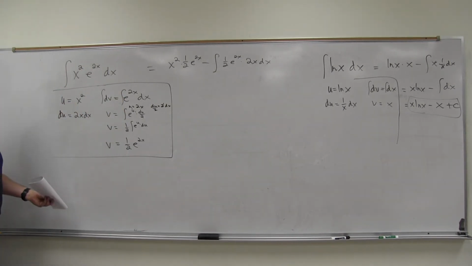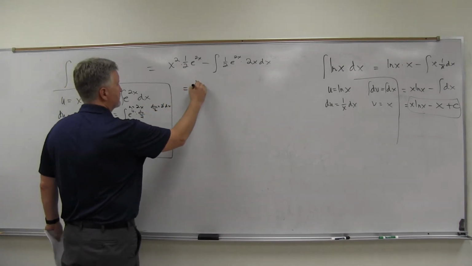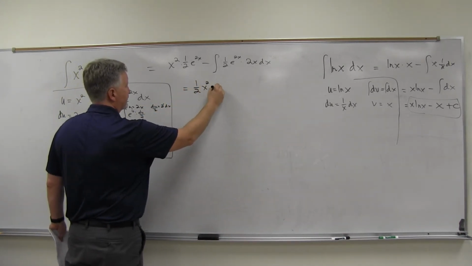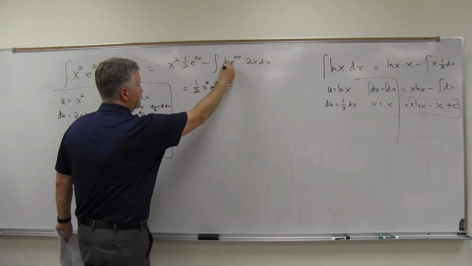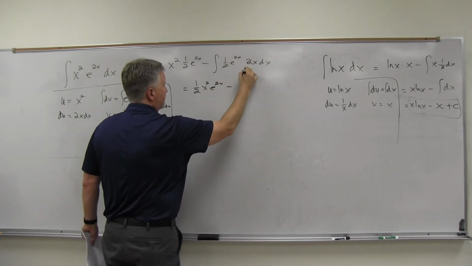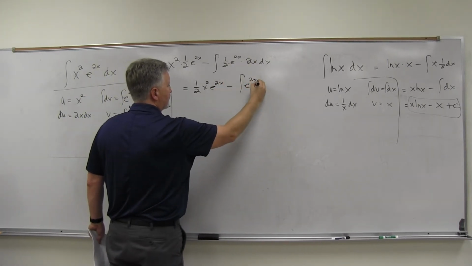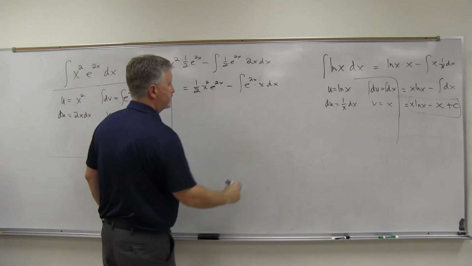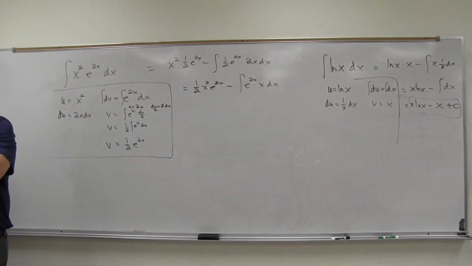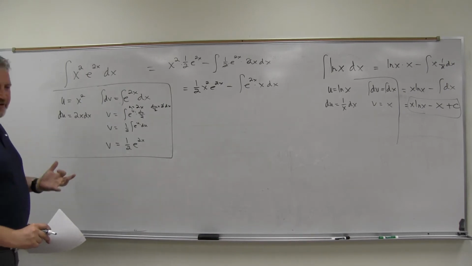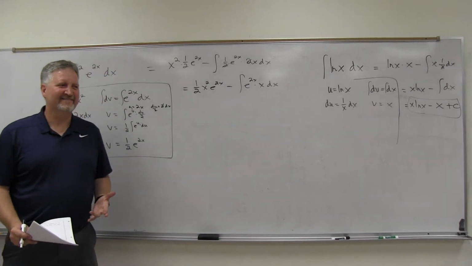Now, well, it didn't quite maybe turn out like we had hoped. This part, 1/2 x squared e to the 2x, that's not what I'm talking about. It's this part. Of course, the 2's cancel. It's that integral there that we came up with that's not exactly like we wanted it.